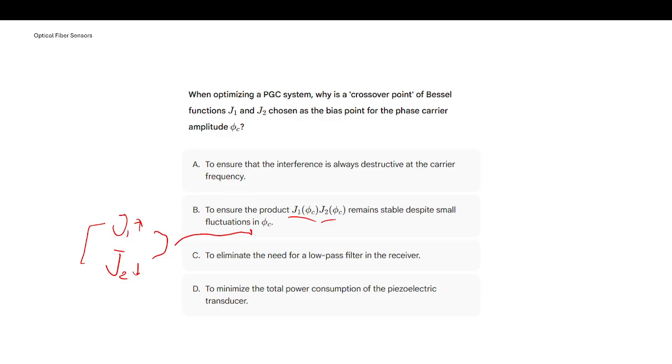The Bessel functions J1 and J2 are chosen as a bias point for the phase carrier phi c. At the crossover point, if one is increasing, the other will decrease automatically and it will stabilize phi c. So it's called a crossover point.